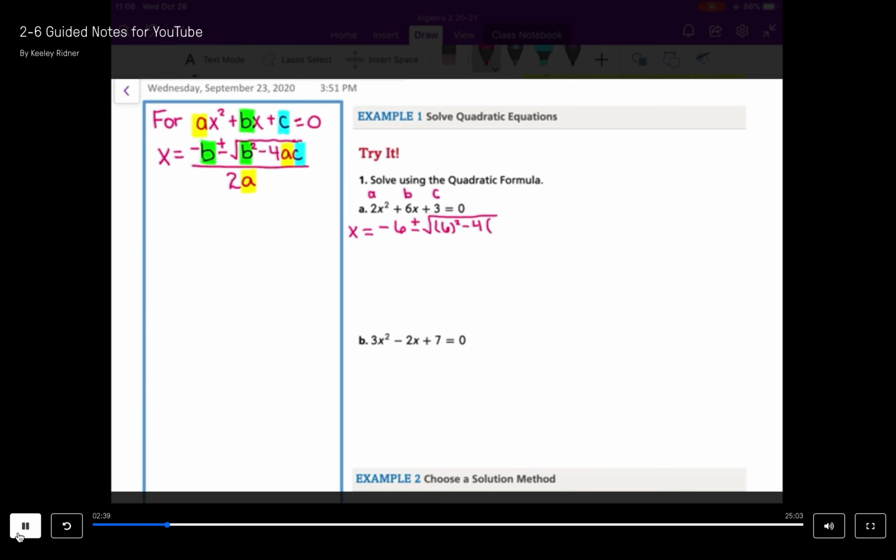Minus 4ac. That bar goes all the way across. I also need to enforce that's a parenthesis, not a 1. All over, so notice my fraction bar goes all the way from beginning to end. Do not shorten that fraction bar. 2 times a is 2. Okay.